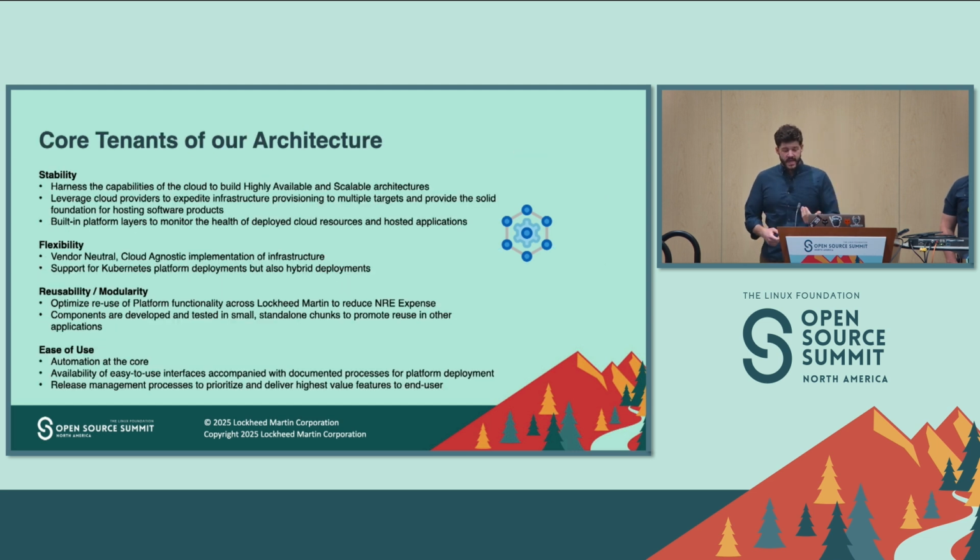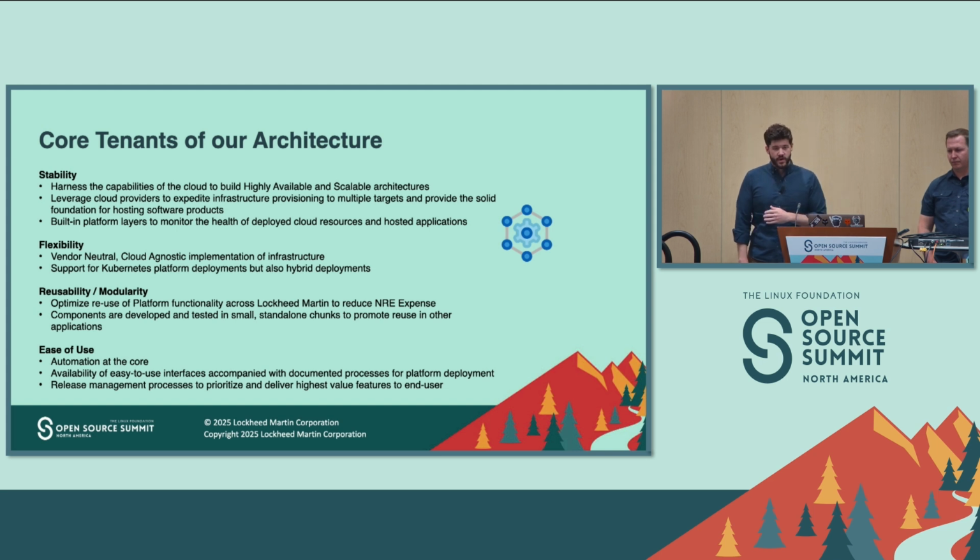So to go over the tenets of the architecture that we're putting forth in the company, it's got to be stable. As Ben said, we're working with highly sensitive areas. If you're writing code that's supporting human spaceflight, that code has to work 24/7, 365, or someone's life could be on the line. So stability is absolutely paramount, and reliability is paramount as well.